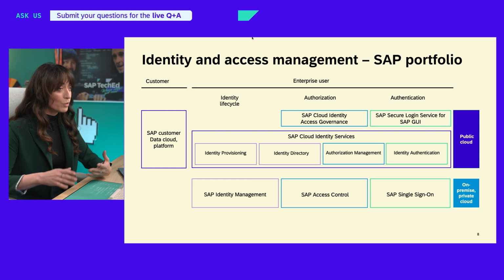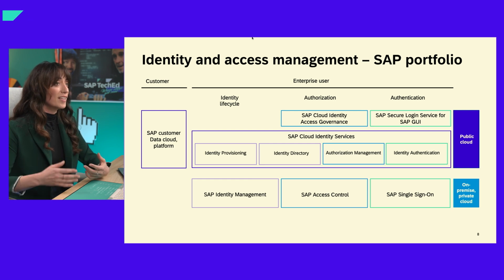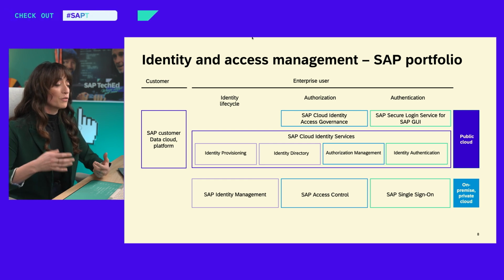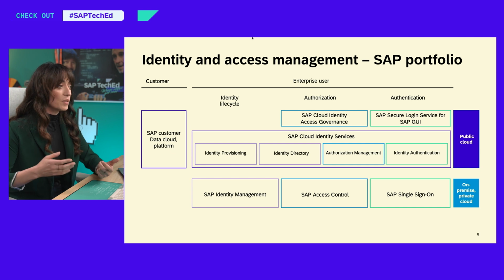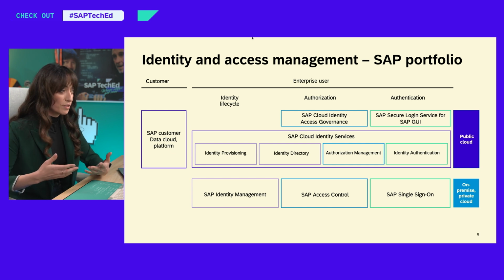This has to always be taken care of and always be provisioned in all the target applications. Then we also have to think about authorization, because it's not enough to have a user, we also have to have the right amount of authorizations for this user to perform their work in the target systems where they have to do this.